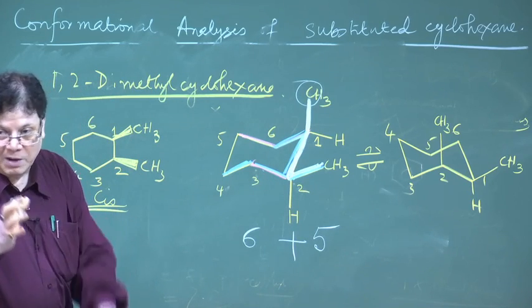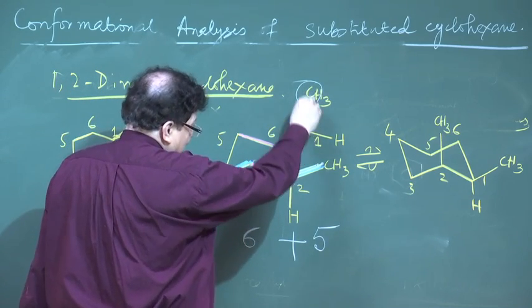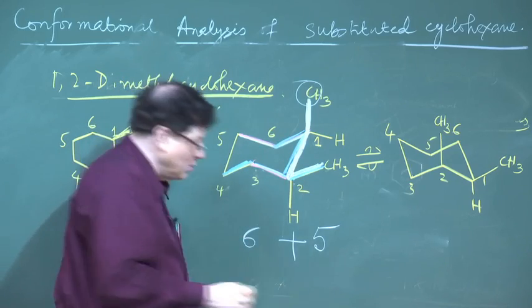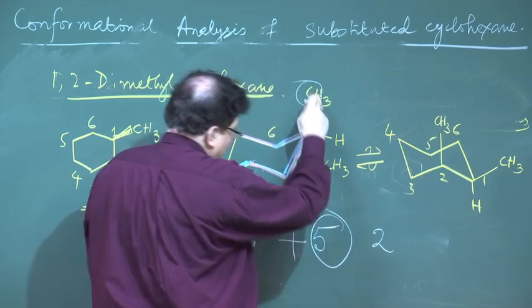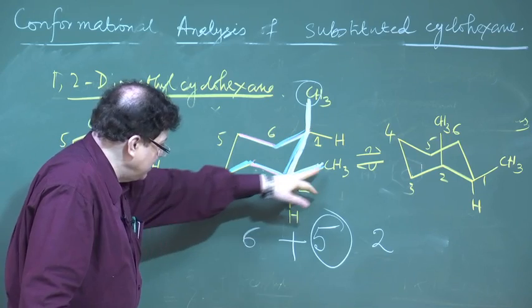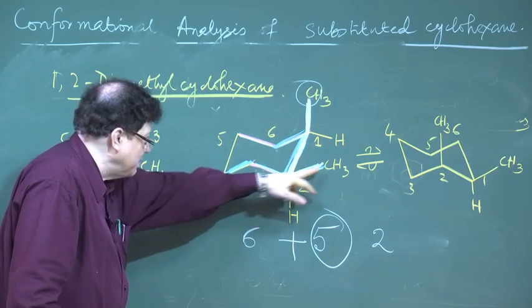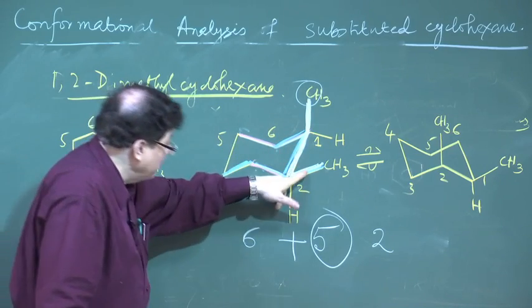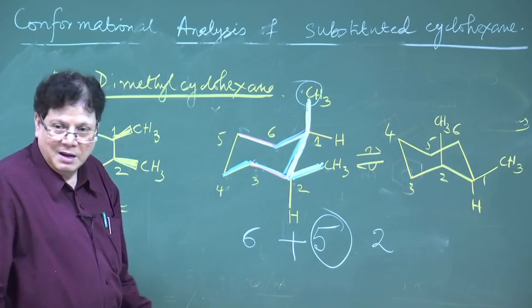So, you have 5 butane units, but out of these 5 you have to find out how many are gauche and how many are anti. Because this is axial, the axial will introduce 2 gauche butane. So, if you break down these 5, 2 are from this axial methyl, they are in the gauche form, and the equatorial methyl does not introduce any extra energy because they are in the anti form. So, these 2 are in the anti, but the mutual one is another gauche form.